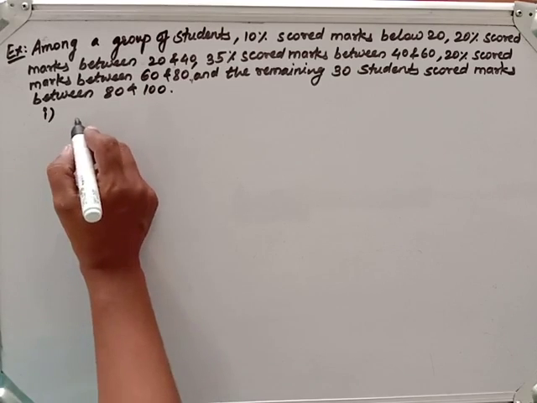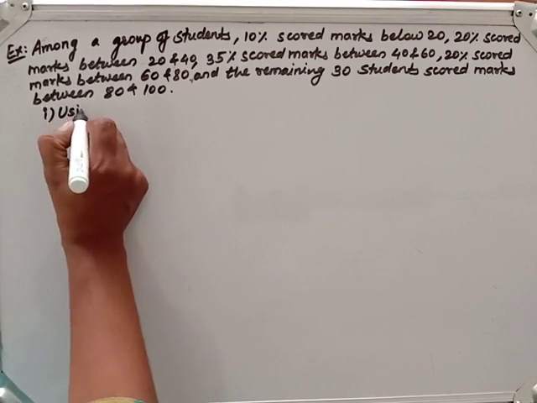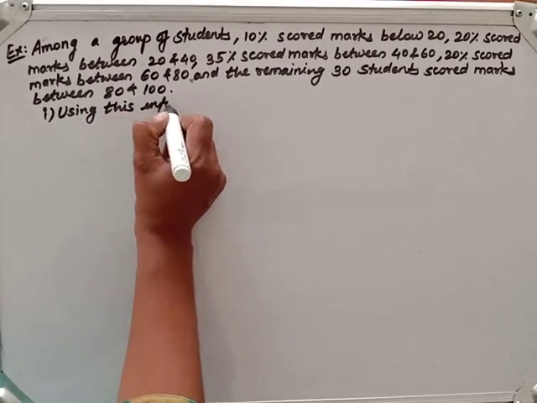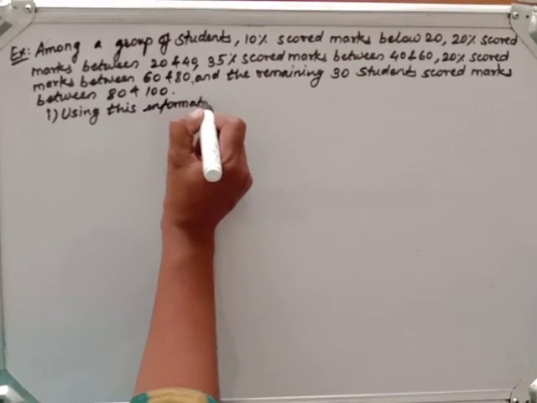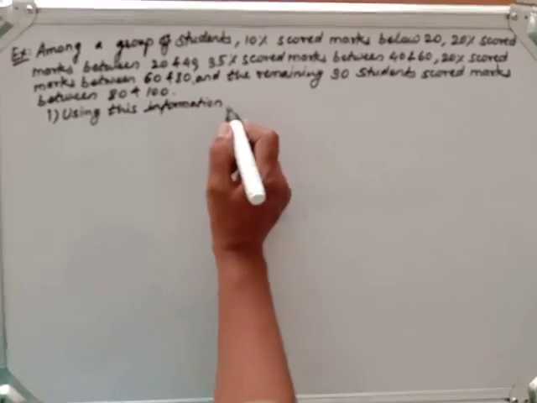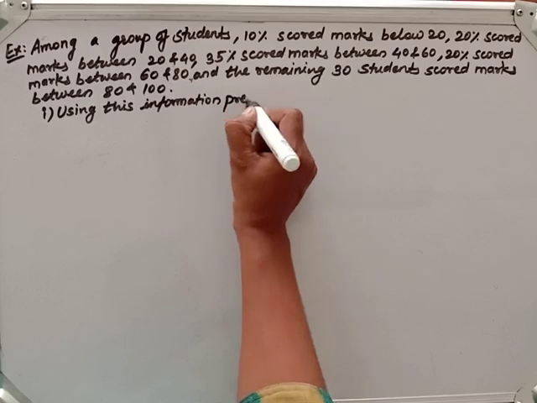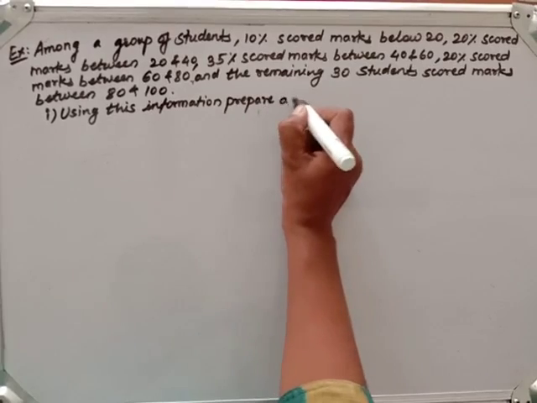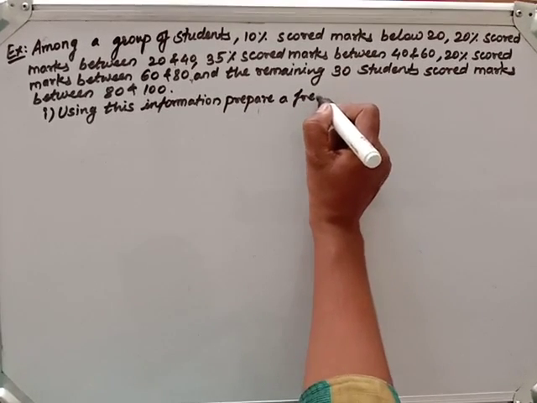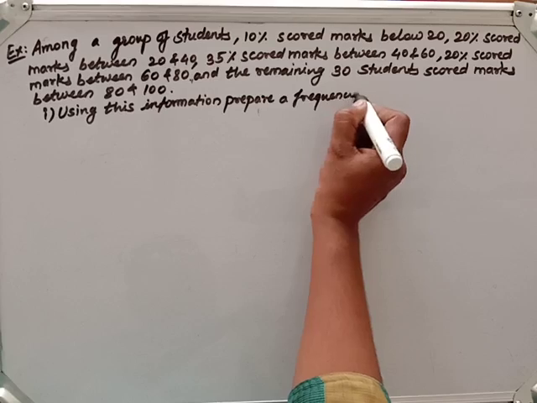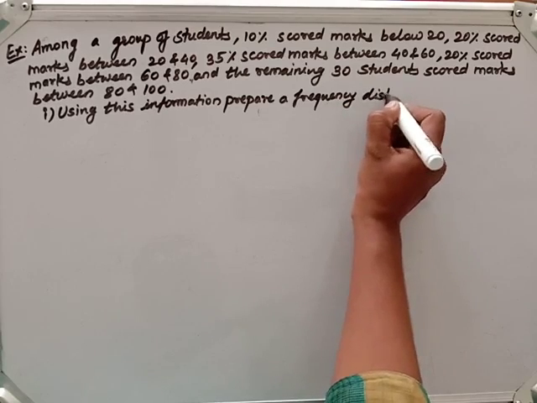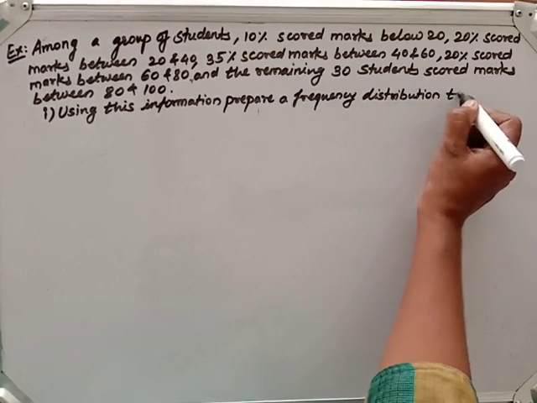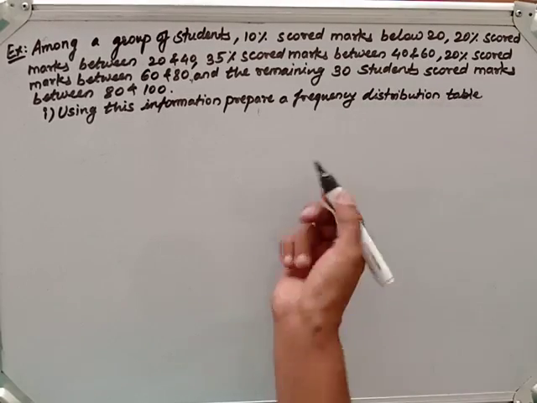So first thing, using this information prepare a frequency distribution table. Suppose we have to prepare a frequency distribution table. For what? Marks and number of students.